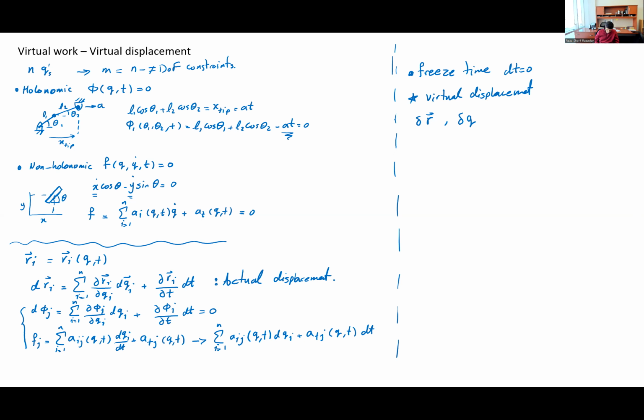So these virtual displacements follow almost the same set of rules, except that when time is frozen, dt is 0. If I go back to my equations and assume dt is 0, what I end up with for virtual displacement is that delta r_i is the sum over i equals 1 to n of partial r_i partial q_i times delta q_i, where the delta notation emphasizes that it is a virtual displacement in generalized coordinates as well.